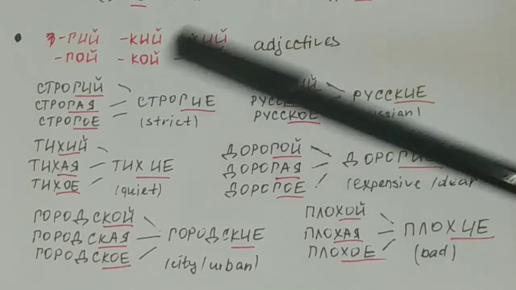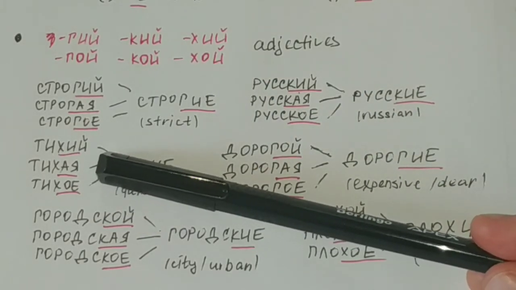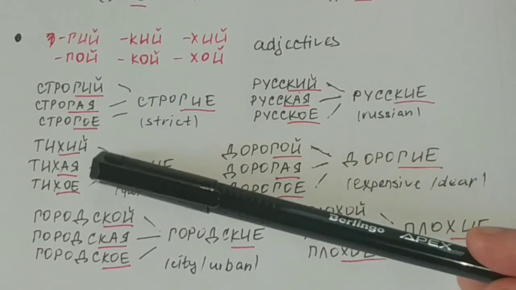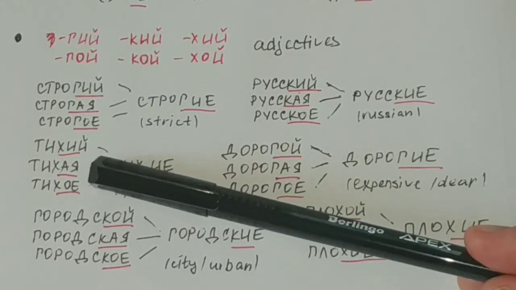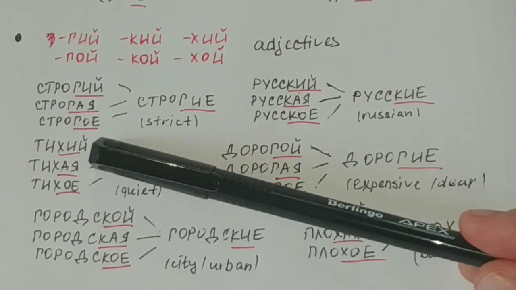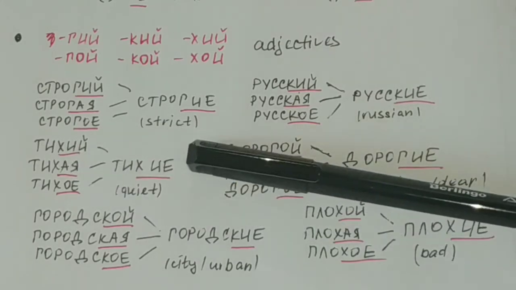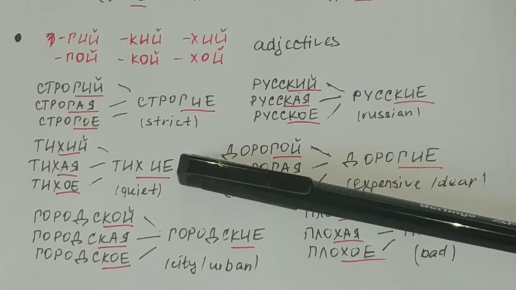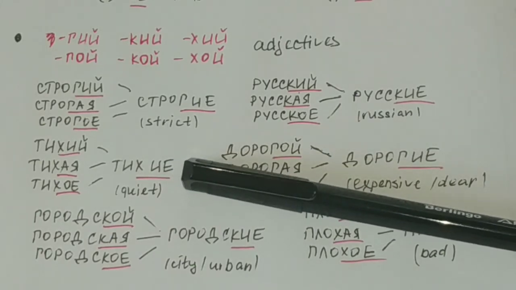For хи we have тихий, meaning quiet, masculine gender form. For feminine, we have тихая, and for neuter, we have тихое. And all of these three versions make the plural form by changing the ending into ие, and we get тихие, meaning quiet.